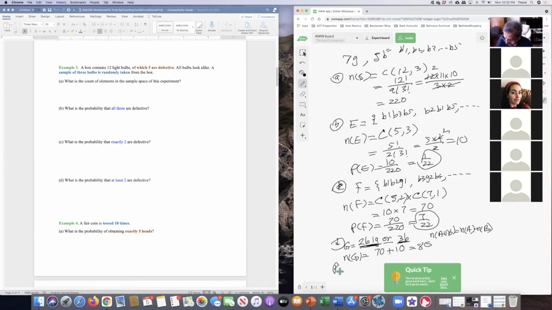And therefore, probability of G is 80 over 220. So probability is 80 over 220, which will reduce to 8 over 22.